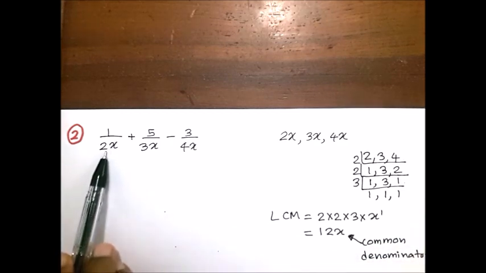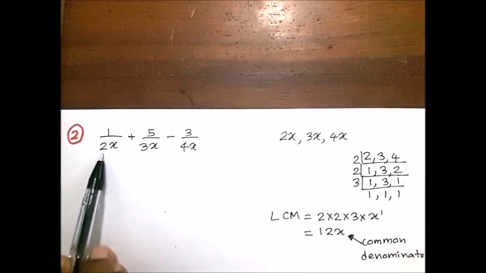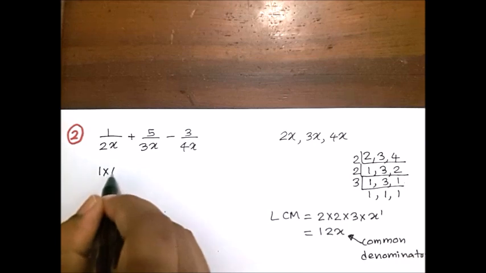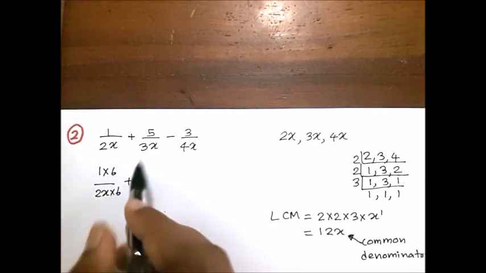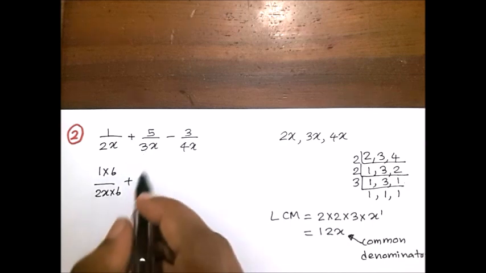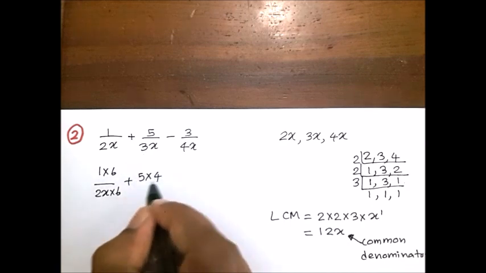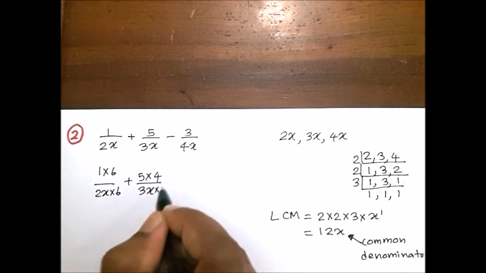To convert this denominator into 12x, you have to multiply this one by 6. So multiply both numerator and denominator by 6. Here, to convert this into 12x, multiply by 4. Multiply both numerator and denominator by 4.